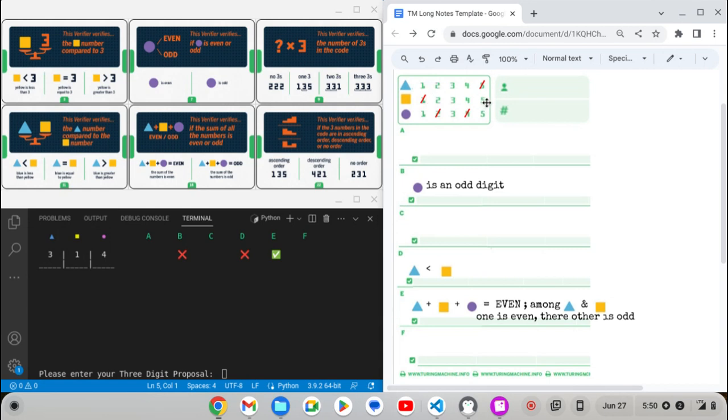So if this is odd and it's 5, I don't think that would work because both 2 and 4 are less than 5. So if it is odd, it can't be the 5. It would have to be a 3. What about even? If square is even, it could be less than 3. That would force triangle to be 1. So 1, 2. If there are no 3s, then there's no way to pick. Well, no, I guess you could say it could be 1, 2, 1 or 1, 2, 5.